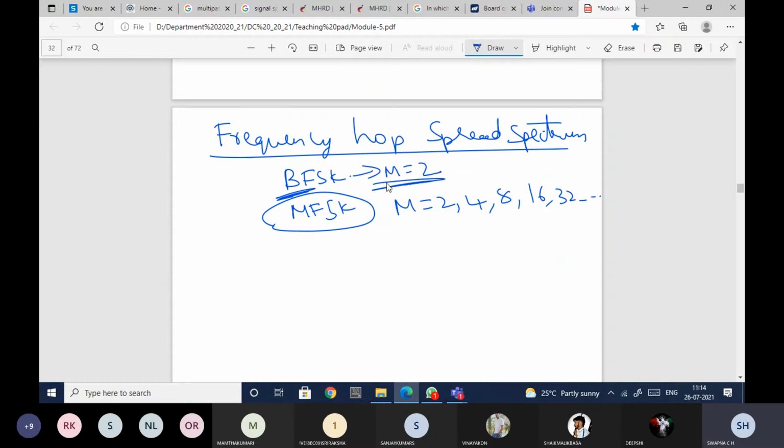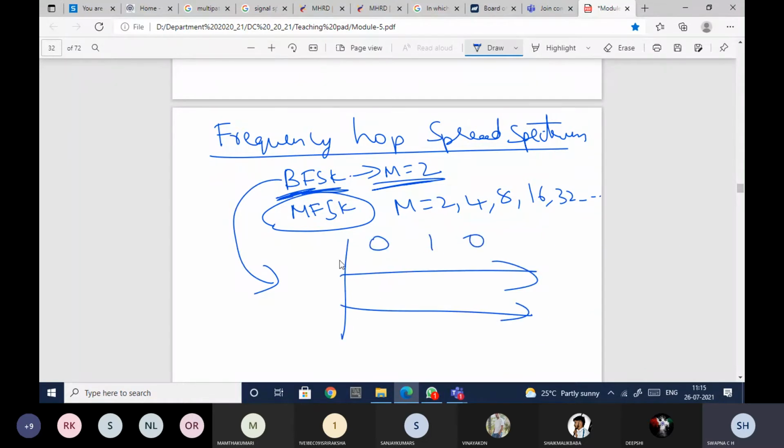We have already seen how BFSK is transmitted, what the modulation and demodulation of the message signal using frequency shift keying are. So what was happening in BFSK? Suppose I have data 0, 1, 0.